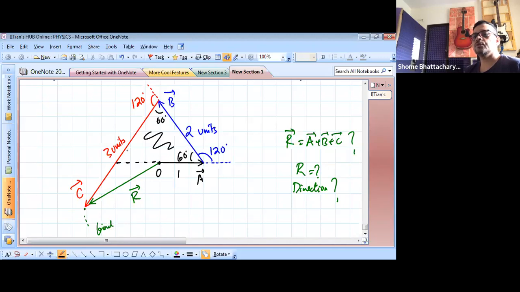From the origin to that point, this angle would also be 60. So in this diagram now, this side would have to become 2 units, because this side is 2 and this is 1. So that means this would also become 1. Okay. And this would also become 1.